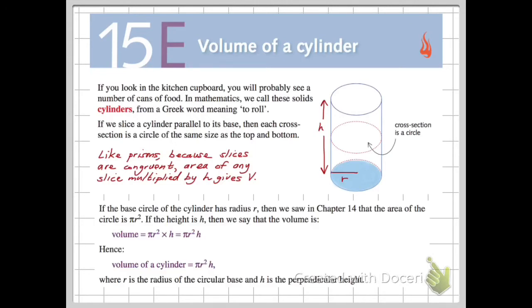So the textbook is reminding us that the area of a circle is pi r squared, so the volume of a cylinder is pi r squared times h, and I've labelled the radius r, and I'm just going to draw in a little right angle symbol to remind you that height has to be perpendicular to the radius, which lies in the plane of the base.